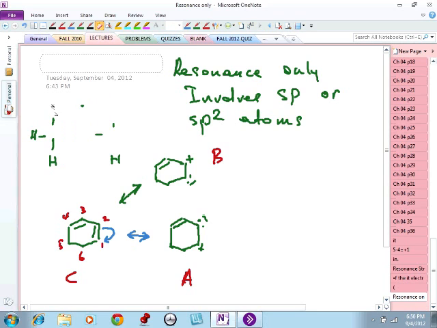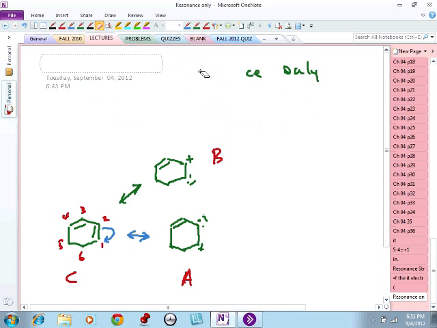So the concept of resonance is very simple. Simply moving pi electrons. That's all you do. We spend some time on this because for the most part, the rest of organic chemistry mostly deals with explaining different reaction phenomena using resonance.